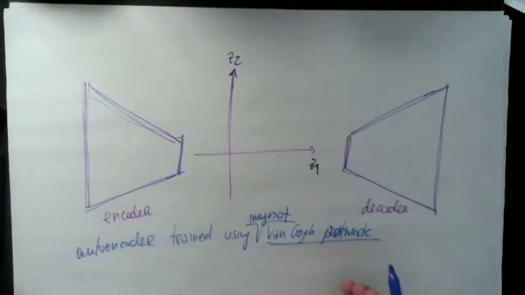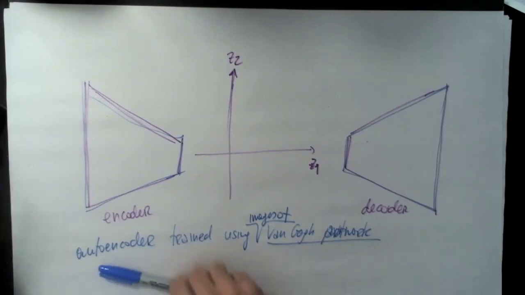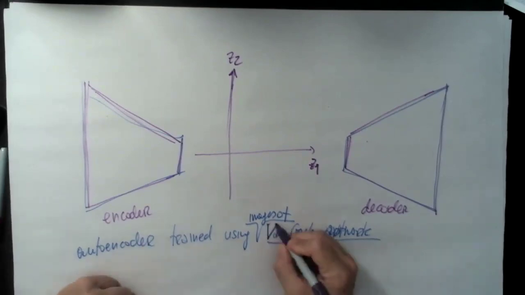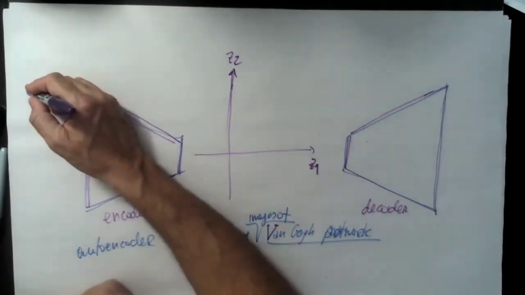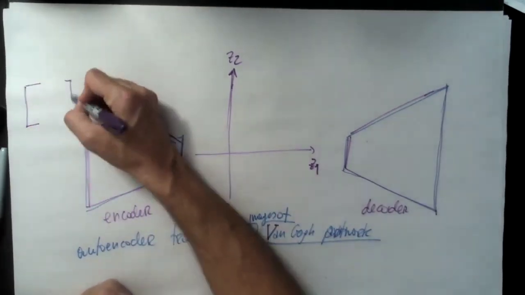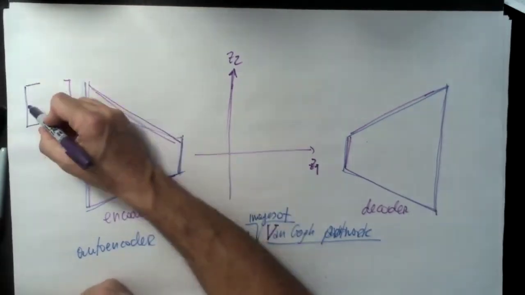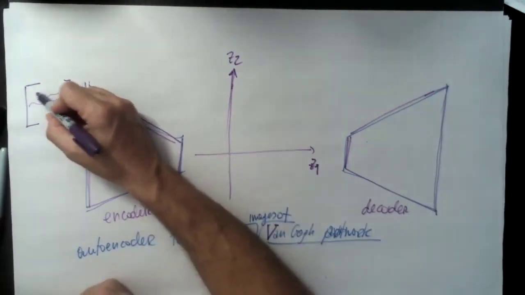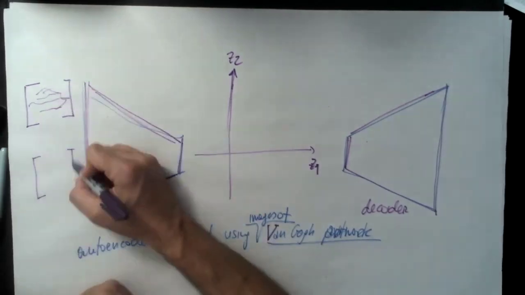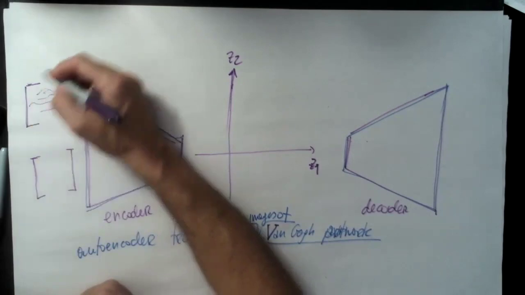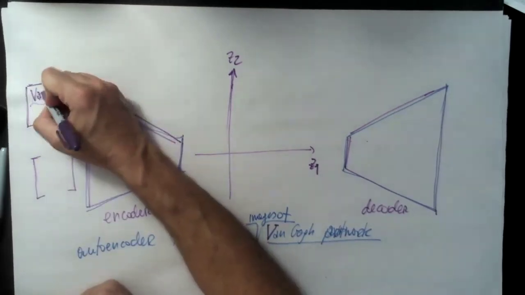So what happened is that, let's assume here we have one painting of Van Gogh. And imagine that here we have another image. Here we have an image of a Van Gogh painting.